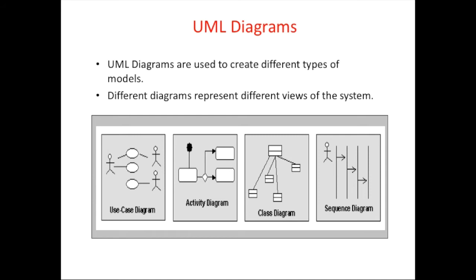If you are registering land, then you will be an owner, and there will be a buyer or seller. They are the actors, and they will interact with the system, like applying for registration, paying tax, going to the offices of land revenue. These are the use cases.